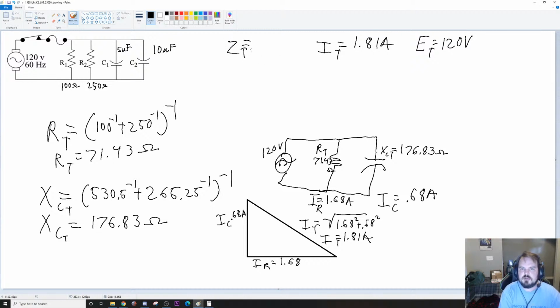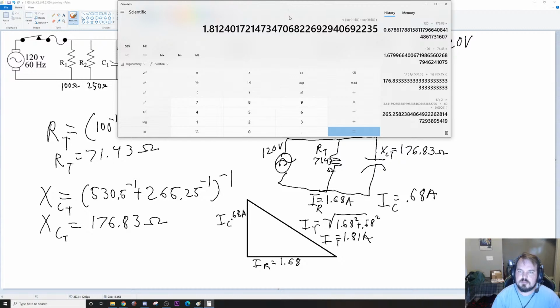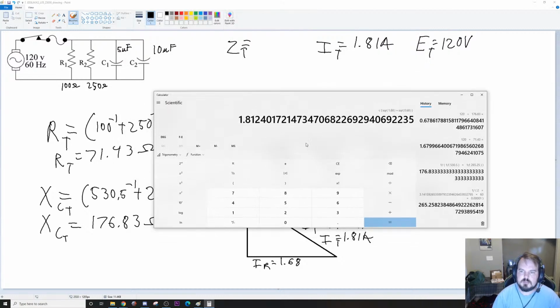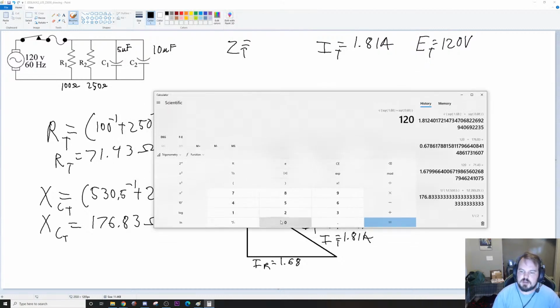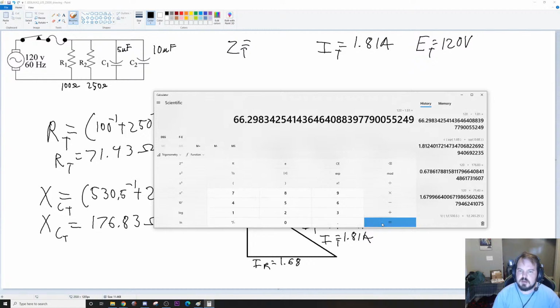Z total for this circuit is going to be 120, and just using Ohm's law, 120 divided by 1.81, 66.29.